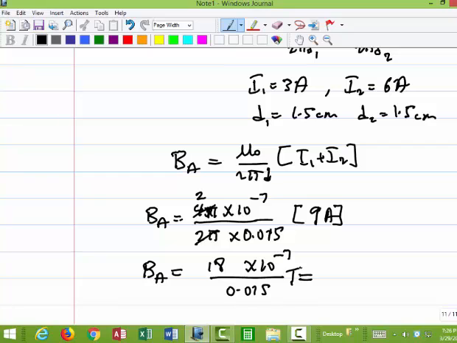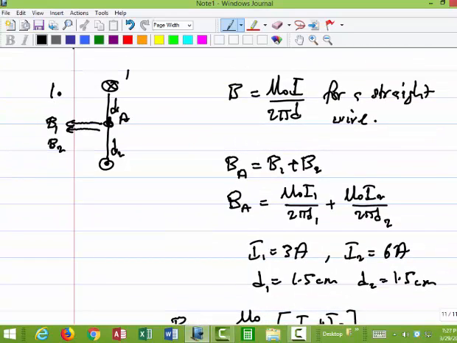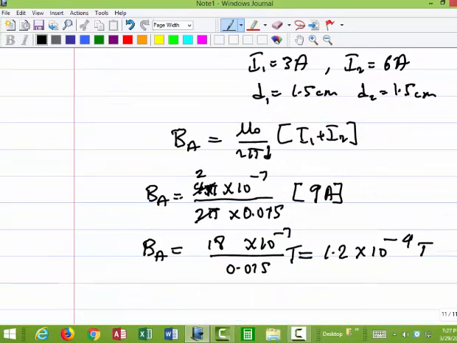So what does that give us? Say that again. 11.2? Oh, 1.2. Okay. So we have 1.2 times 10 to negative what? 4 Tesla. So that's the magnetic field at that point A due to the two current carrying wires. So you should be able to do something like that, find a magnetic field of two current carrying wires.